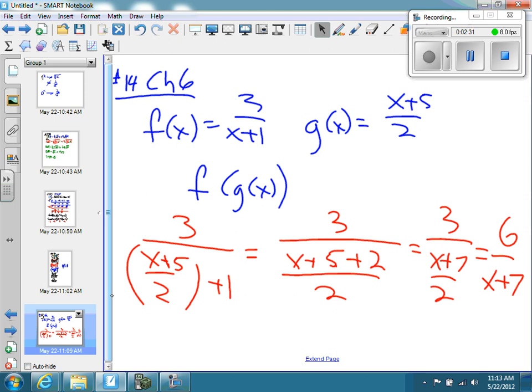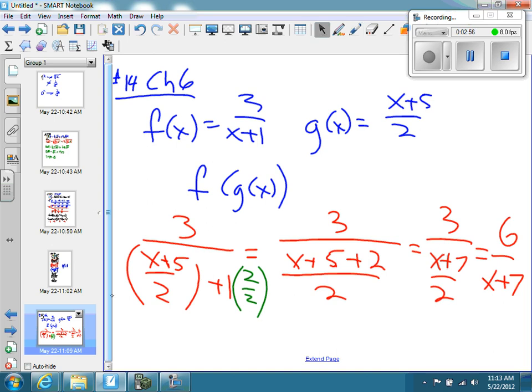Do you see how I did that? From here to here, I multiplied my 1 times 2 over 2, because I can multiply anything I want by 1. You see it now? So that's how I got x plus 5 plus 2 over the common denominator of 2. Okay. Are we okay with that?